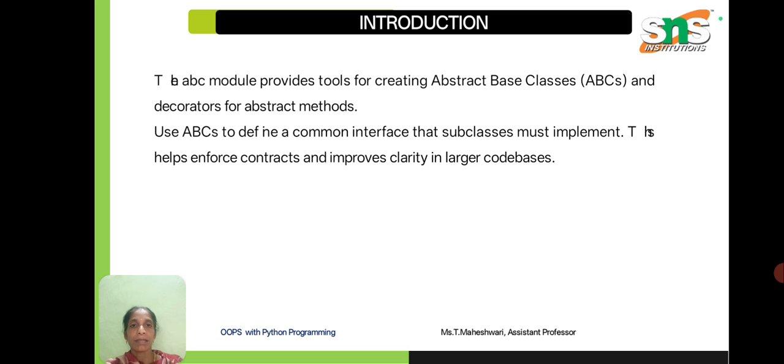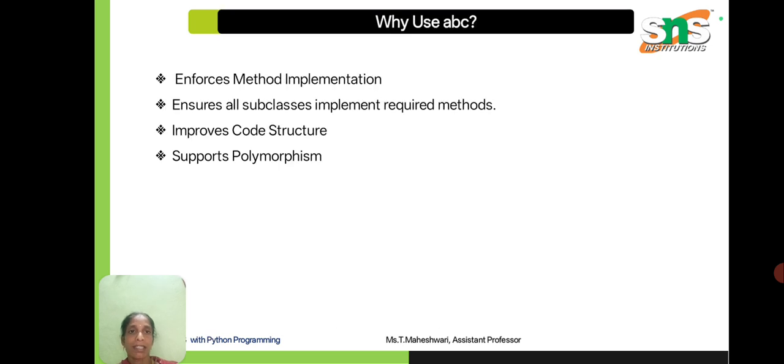The abstract methods are nothing but, when we use this method, we can inherit the properties of the method without worrying about the objects and preference of the different classes. So we use ABC to define a common interface that subclasses must implement. It helps enforce the components and contracts and improves clarity in larger code bases.